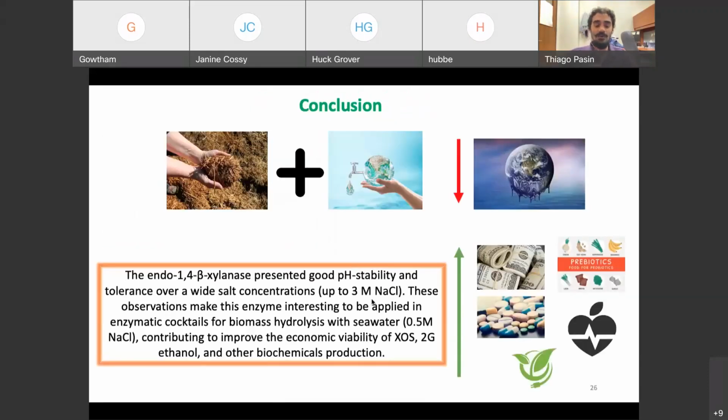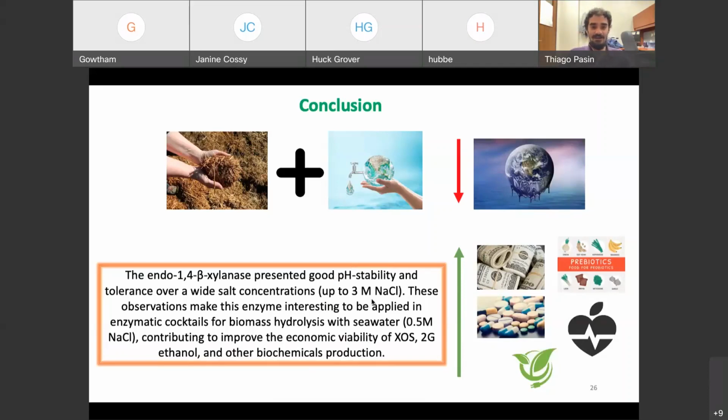Yeah. So as a conclusion, we can see that using the agroindustrial waste and also using non-potable water can be healthy for the environment, avoiding, of course, global warming, because we are reducing the accumulation of biomass.